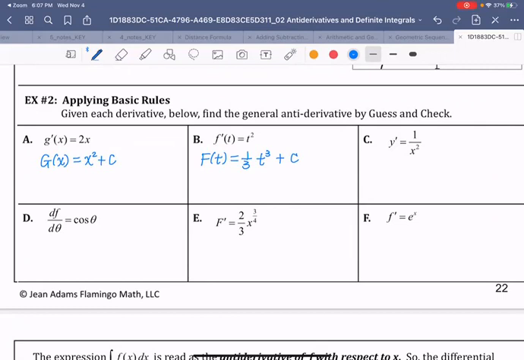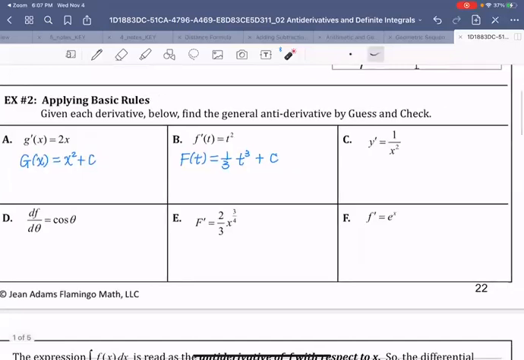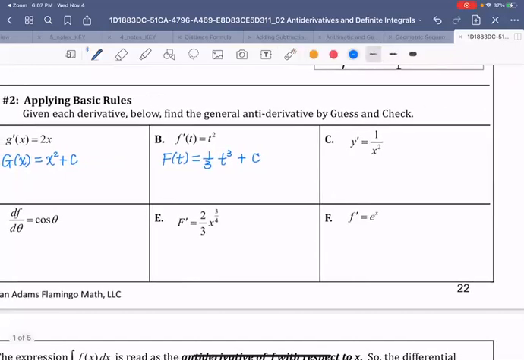Follow this rule. Whenever your derivative equals a power function, you add 1 to the exponent, and then take the reciprocal of that number. That's it. It's always like that. Now, let's try the C. When they give you this one, the first thing you do is change it to this.